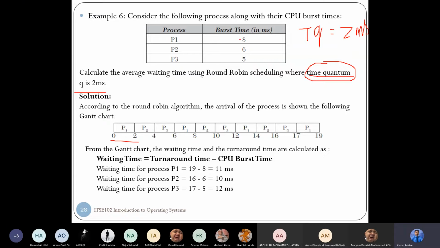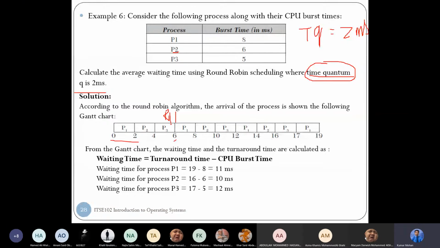You know why? Because the time quantum is given as only 2 seconds. That means P1 can execute only for 2 seconds and then it will go out, and then P2. P2 is also 2 seconds, and then P3. P3 is also 2 seconds. So one round is over.